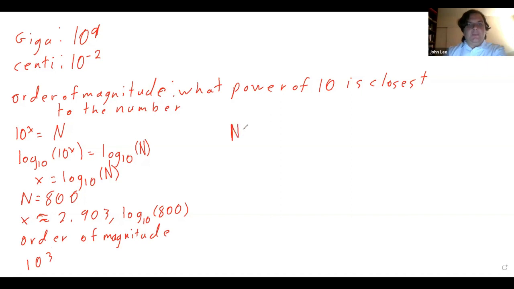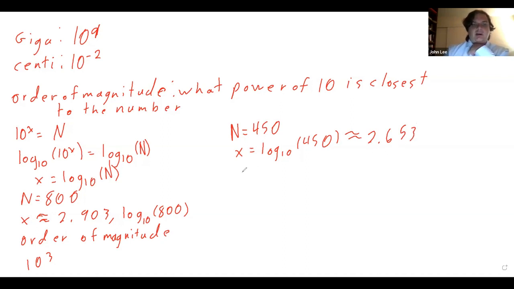For n equals 450, x is equal to log base 10 of 450, which is approximately 2.653.